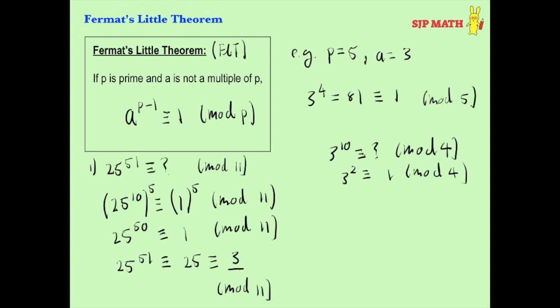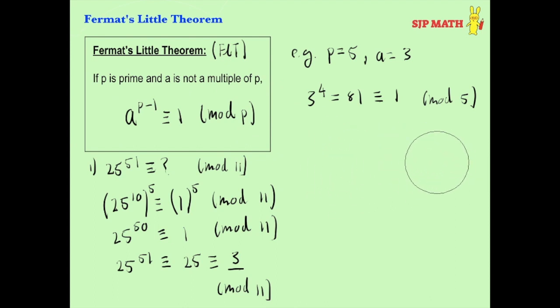But notice here, we can't really use this in this case because 4 is not a prime. In most cases when the modulo is a prime, you can use this formula to build a power tower. So that is how you use Fermat's little theorem.